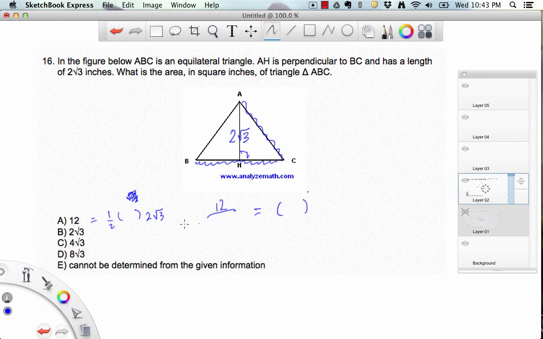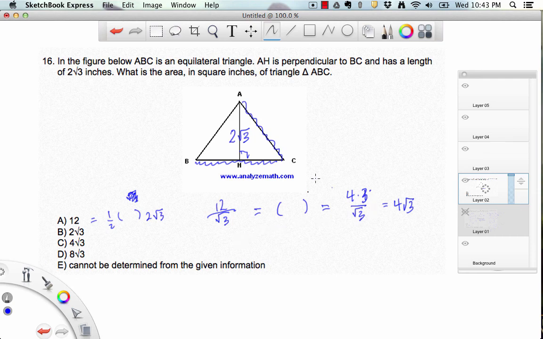So 12 divided by half of 2√3, that's 12 divided by √3. Whichever way is easiest for you to think about. The thing to remember is that √3 times itself is always 3. So we could think about 4 times 3 divided by √3, which is 4 times √3.